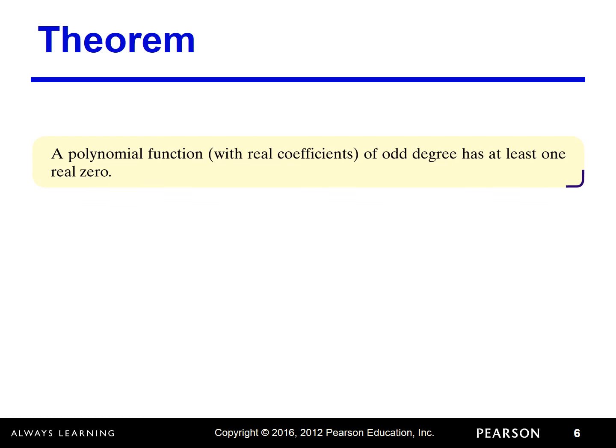If you have a polynomial function of odd degree, like for example, f of x equals x cubed, well then the end behavior, that is the way it behaves way out on the ends, far away from the origin, is going to be either this or this.